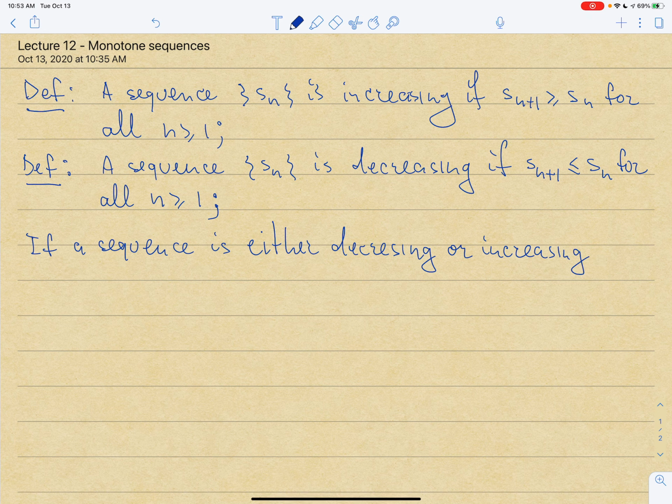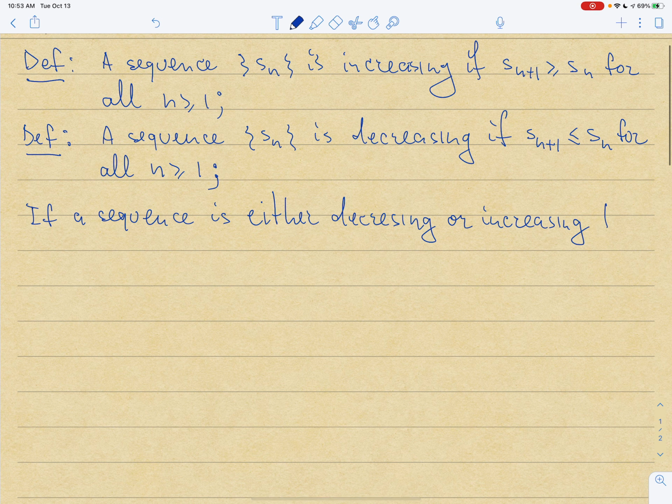So if I'm saying that I have a monotone sequence, it means that I have a sequence which is either always increasing or always decreasing. So then the sequence is monotone.